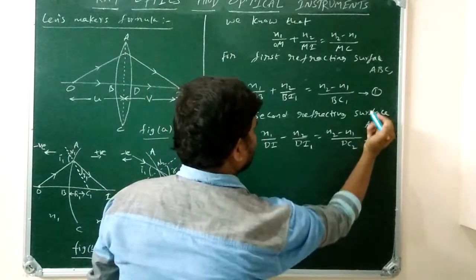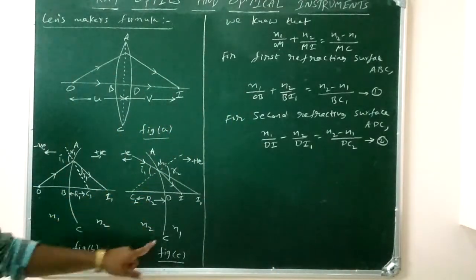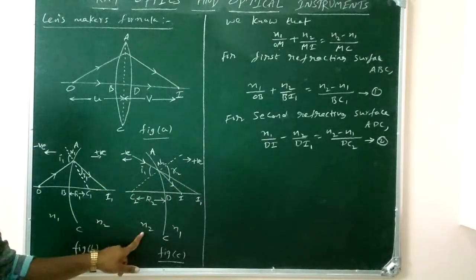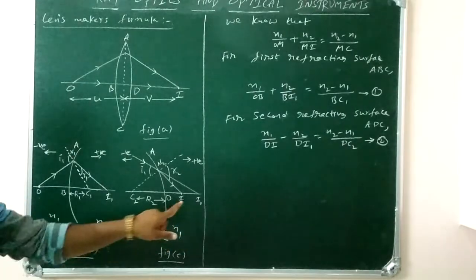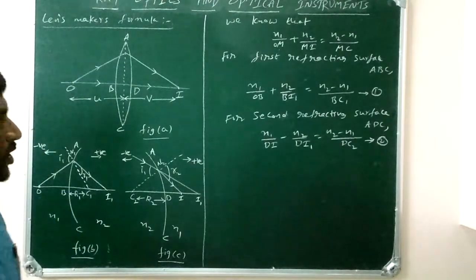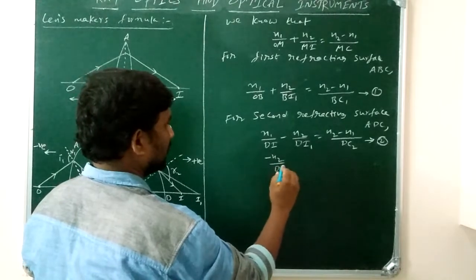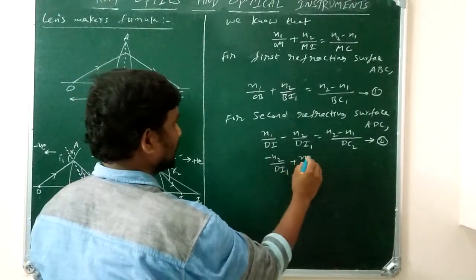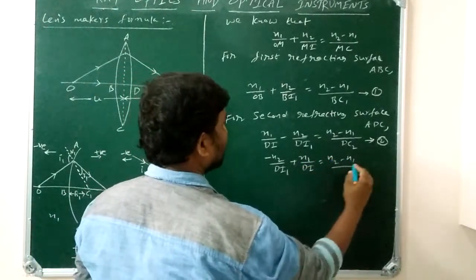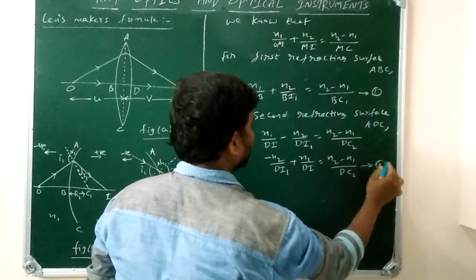Let us consider this the second equation. For the second refracting surface ADC, n1 by DI minus n2 by DI1 equals n2 minus n1 by DC2. This is equation 2.